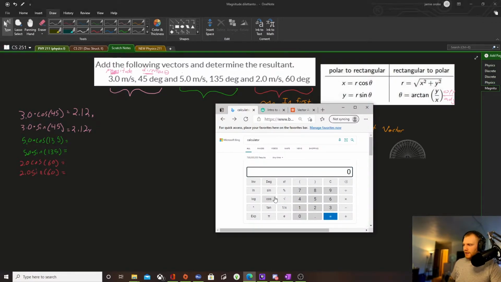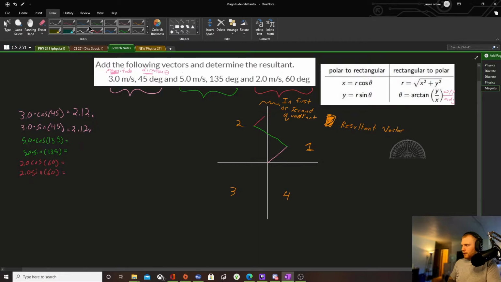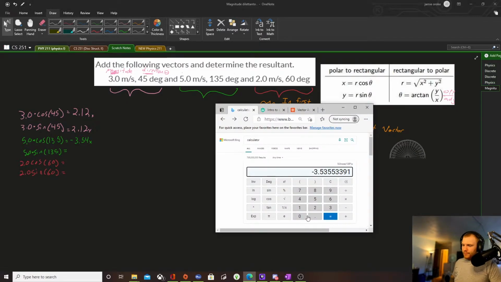The next vector is going to be 5 times cosine of 135 degrees, which is negative 3.54. We'll just round, negative 3.54. And the y coordinate will be 5 times sine of 135 degrees, and that's positive 3.54.